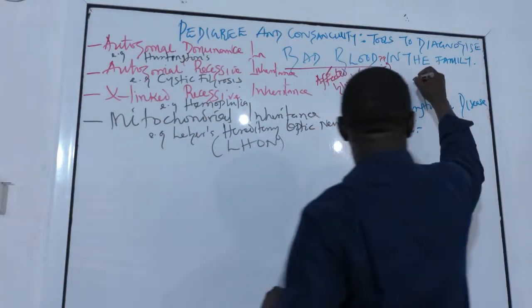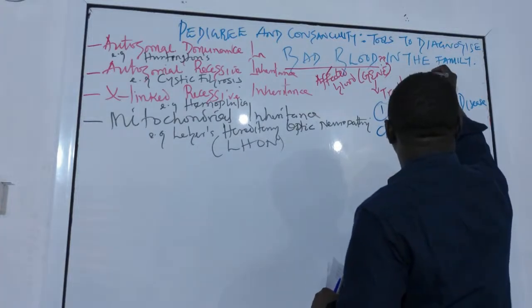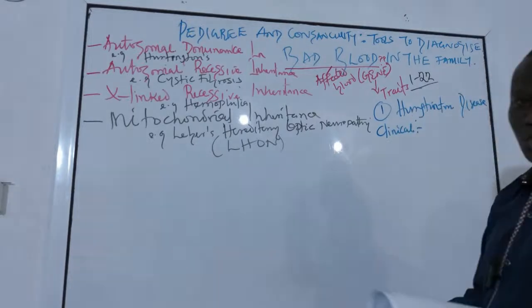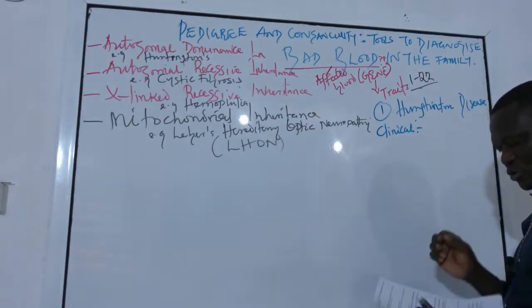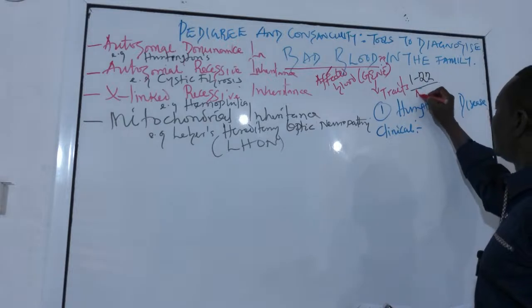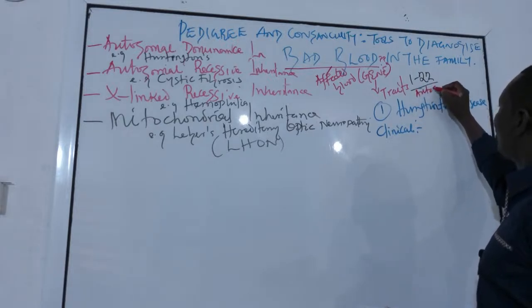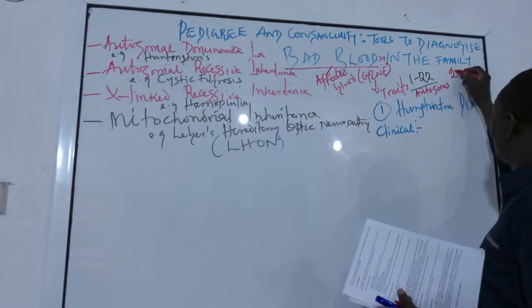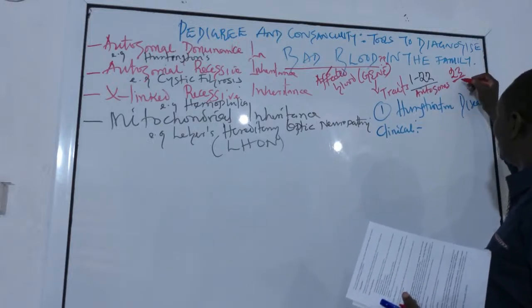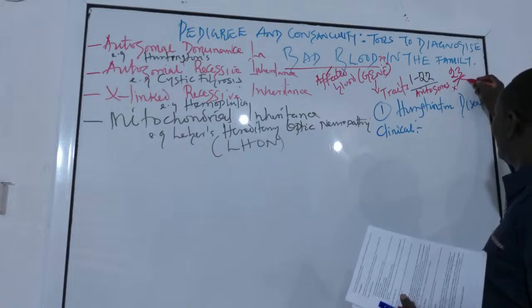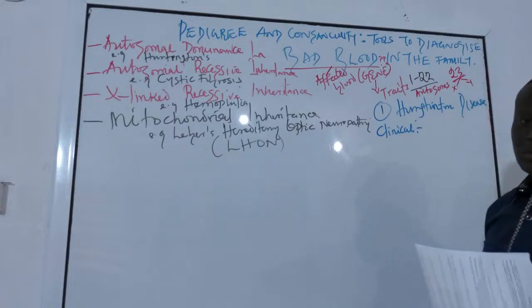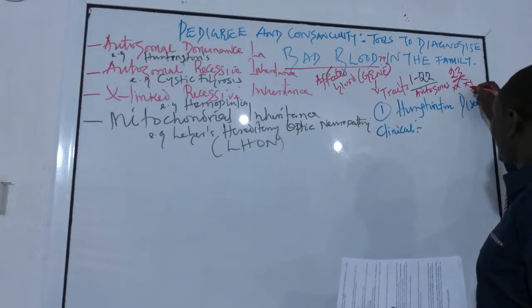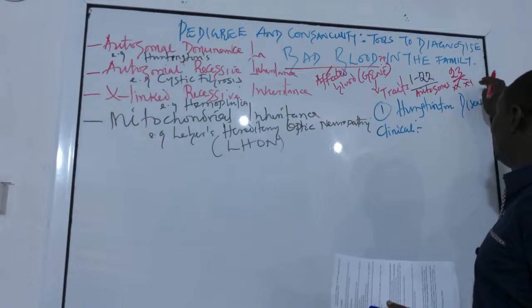So I said in the last one of my videos that in humans there are 23 pairs of chromosomes, and chromosomes 1 to 22 are called the autosomes. Whereas the 23rd one is responsible for the determination of sex, whether the person is going to be a male or a female.